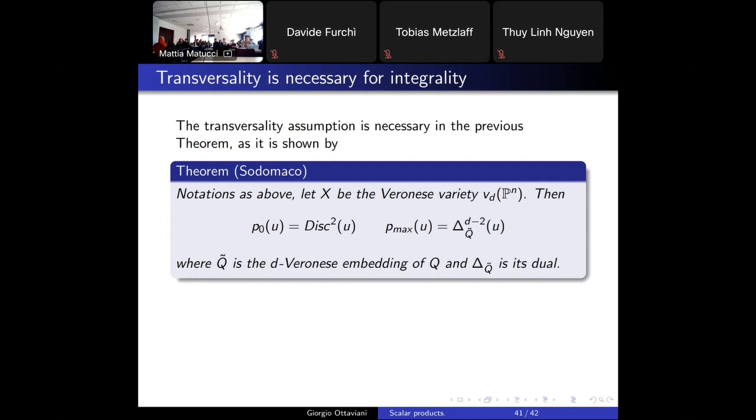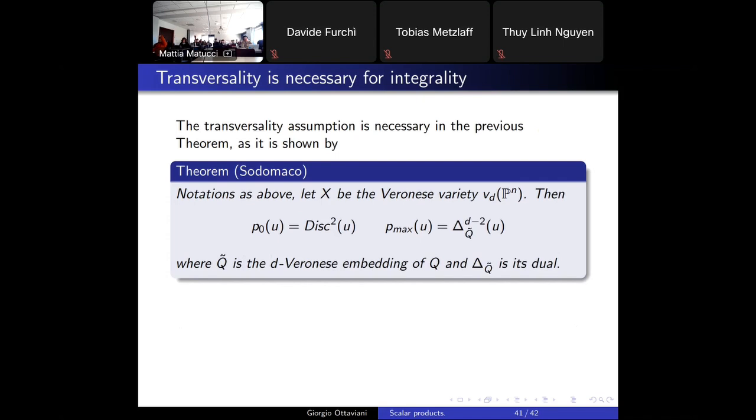Now, if you take the Veronese, the assumption is not satisfied. The polynomial is not monic, and Sodomaco computed this ED polynomial for odd degree too. He computed the first and the last term.